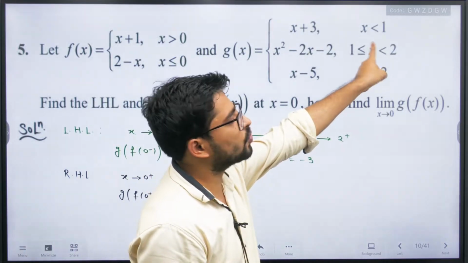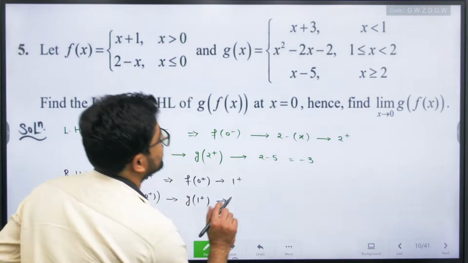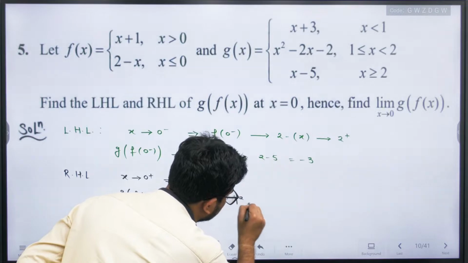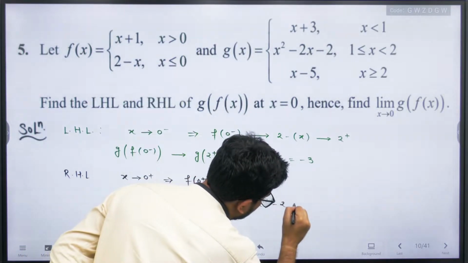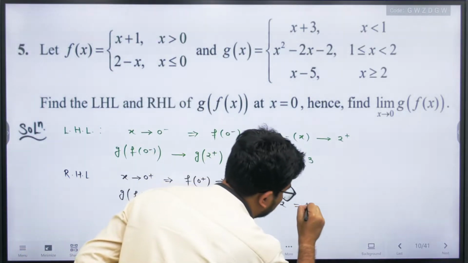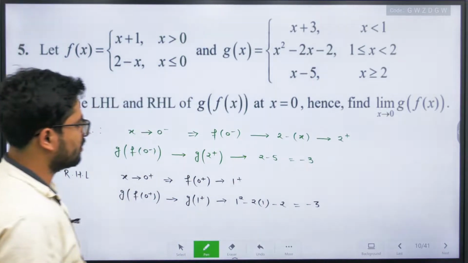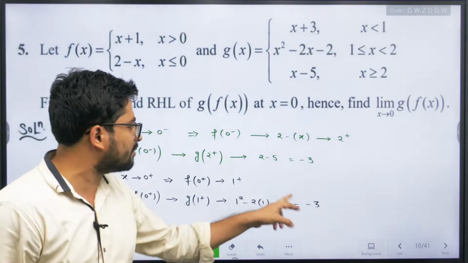Whenever x is between 1 and 2, g(x) is x square minus 2x minus 2. So this tends to 1 square minus 2 into 1 minus 2, which is 1 minus 2 minus 2, that is minus 3. So left hand limit and right hand limit both are minus 3.